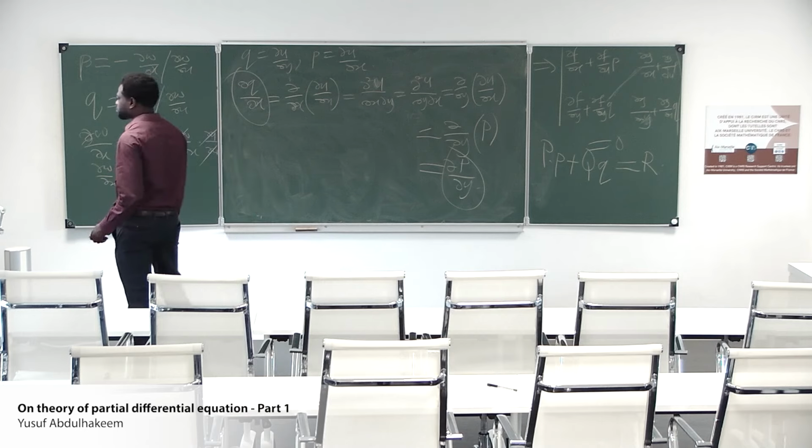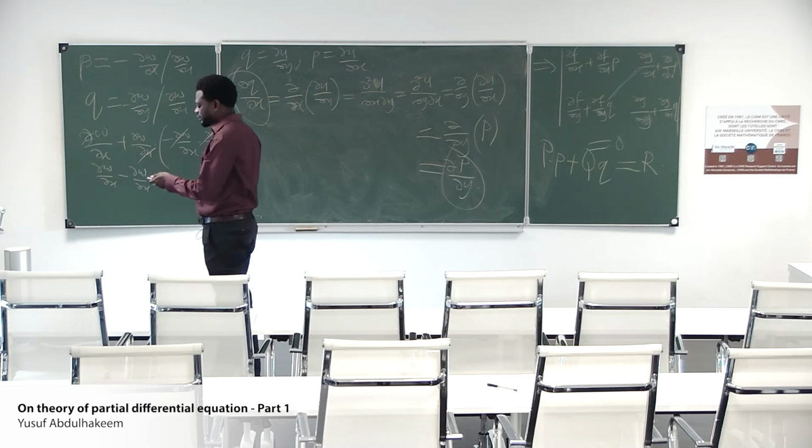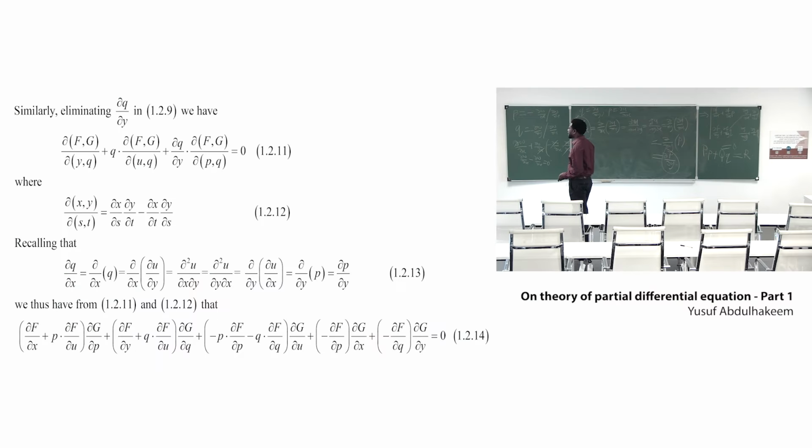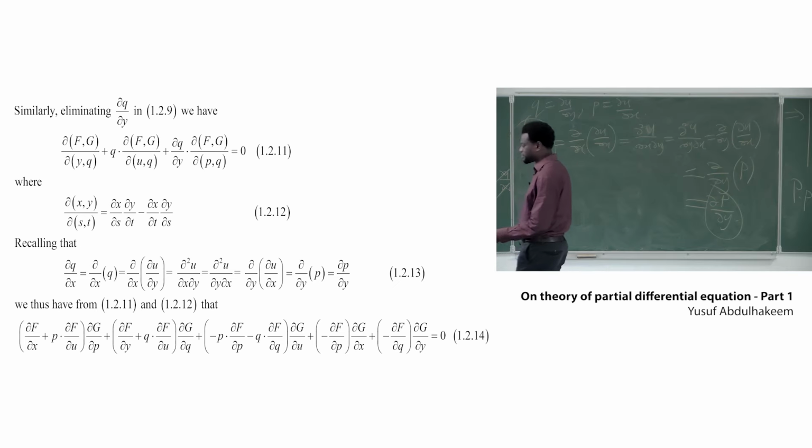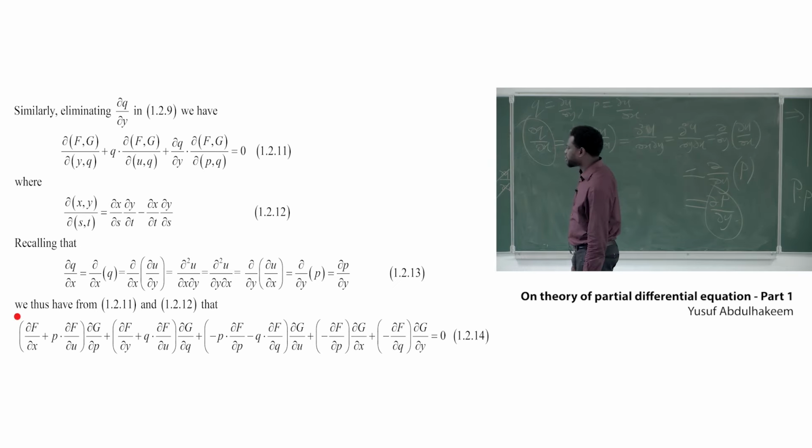Now, let us see how we bring our equations together. We say that this equation is equal to 0, and this one is also equal to 0. Now let us bring them together and see if we are going to obtain equation 1.2.14.